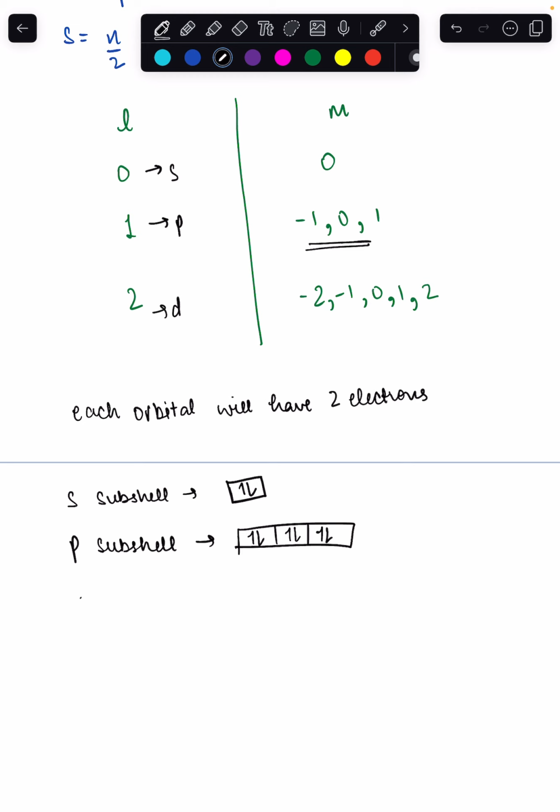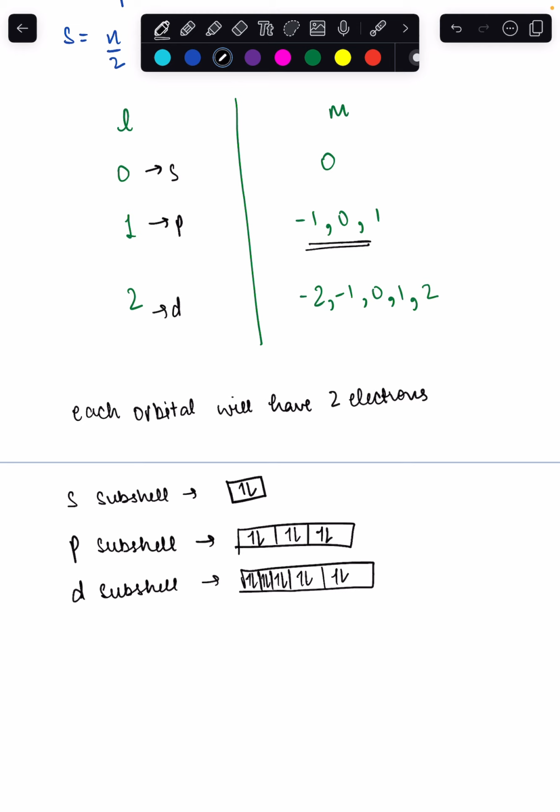For the d subshell, we have 5 orbitals, which means it can at max contain 10 electrons. So it is as simple as that.